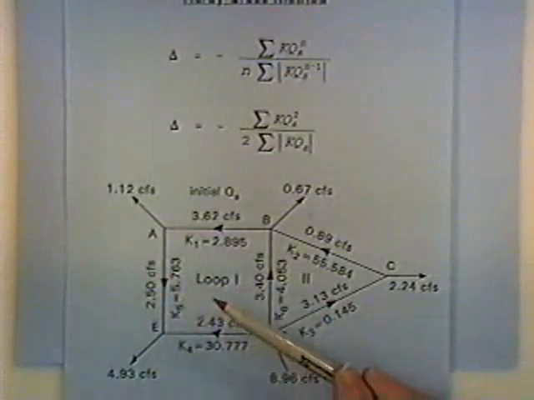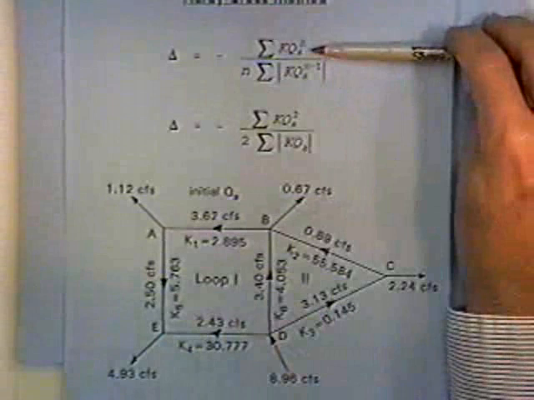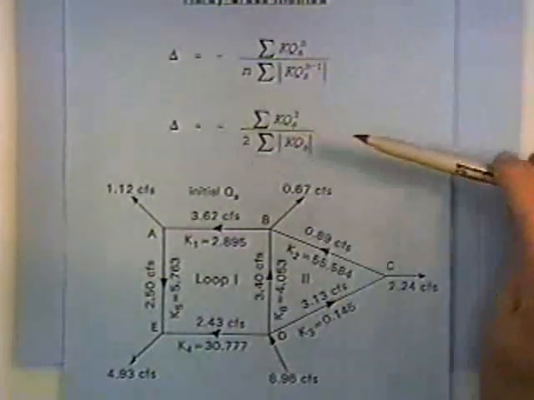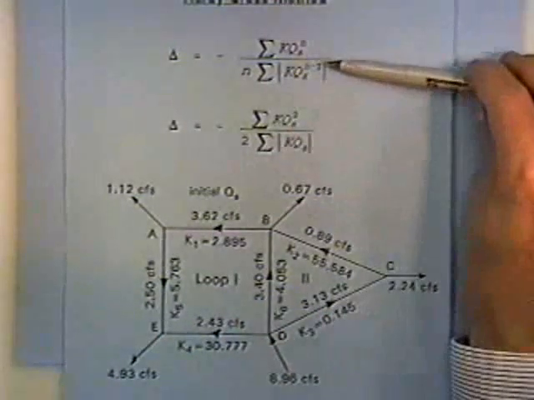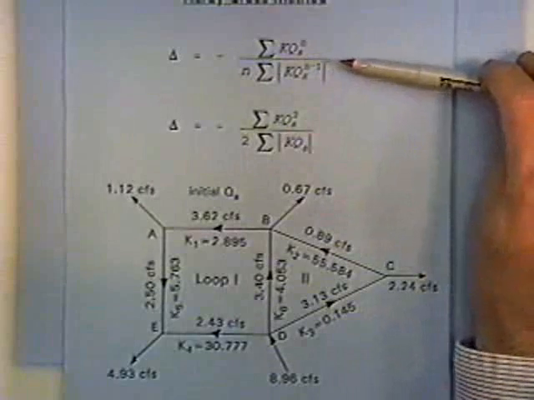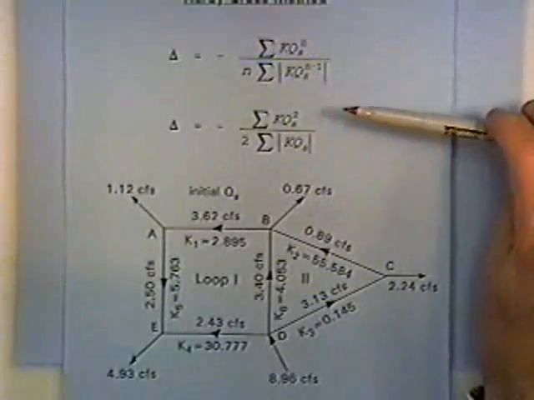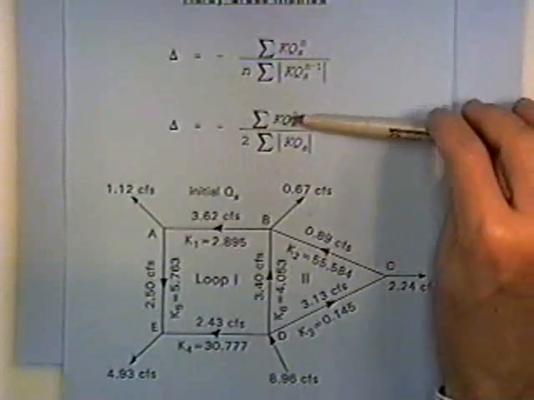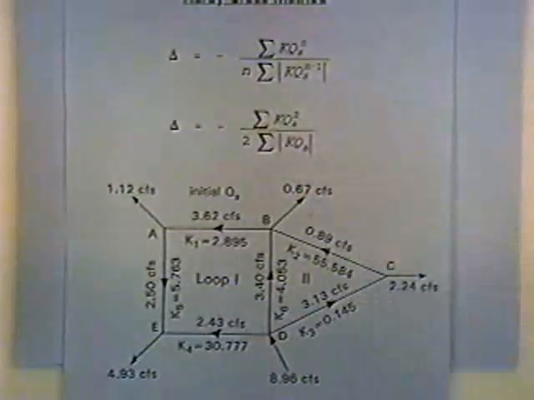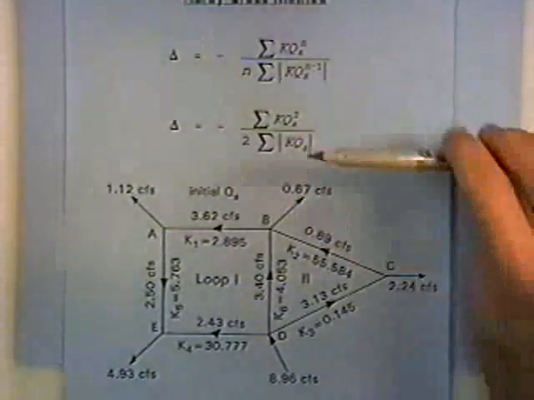So those four terms are added together to get the top term of this expression. By the way, I've written the expression in its general form, realizing we're using Darcy-Weisbach for head losses. I know n is 2, so I've written it for n equal 2 here.